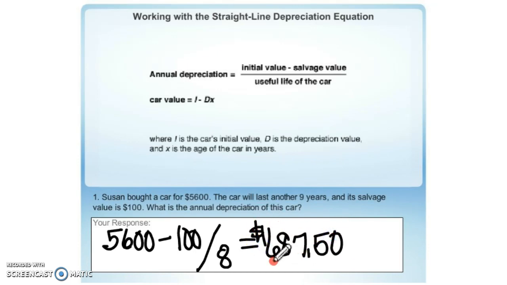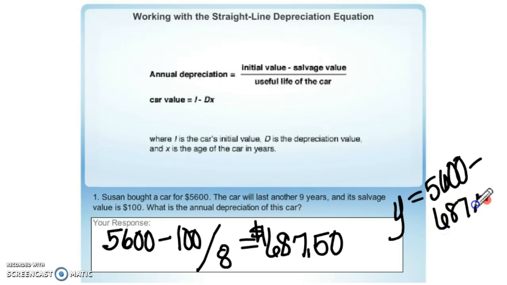All right, use this step. See if you can create the equation. What would be the equation that would model this car? Model Susan's car. Pause the recording if you need to. All right. Hopefully you found that the model for the car would be y equals 5,600 minus 687.50 times x.